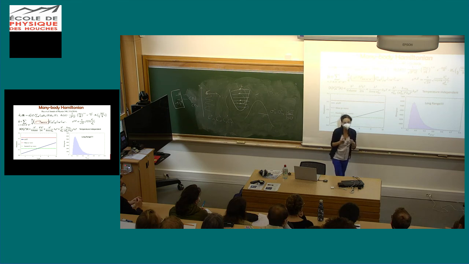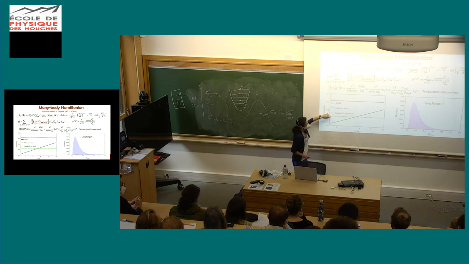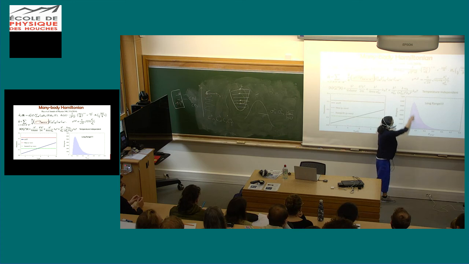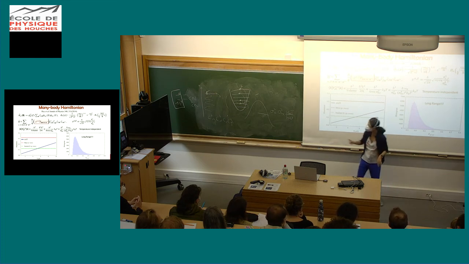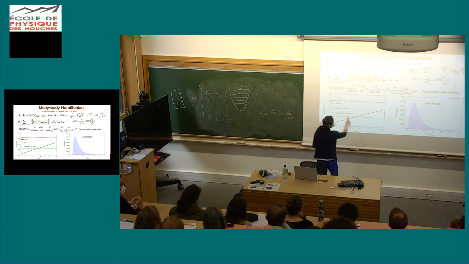And I can also compute the spreading of this wave function, which is the variance of this interaction. If I plot here a histogram of this distribution of the coupling constant, I see that it's centered at some place that is independent of the temperature, and the width, interestingly, is also independent of temperature, and much smaller than the mean.